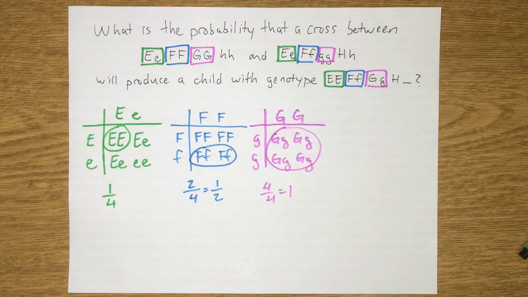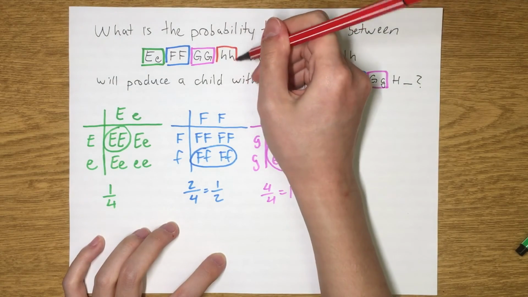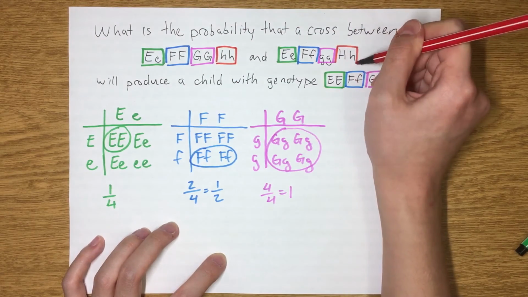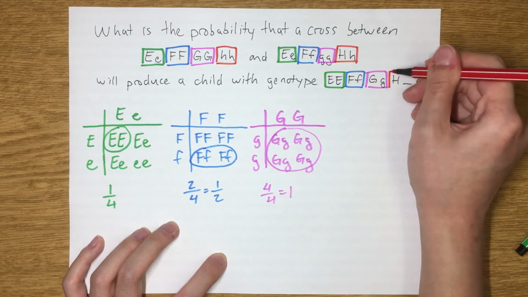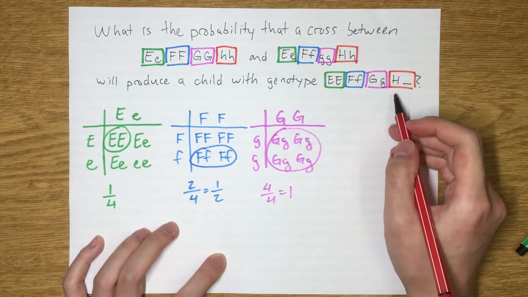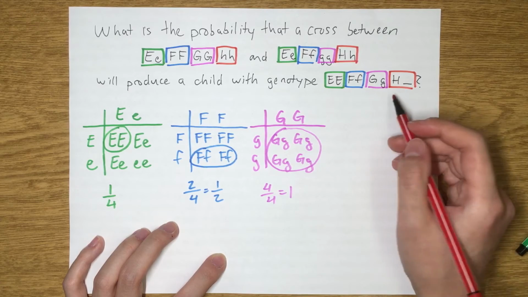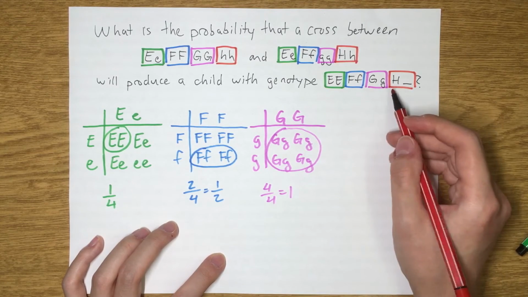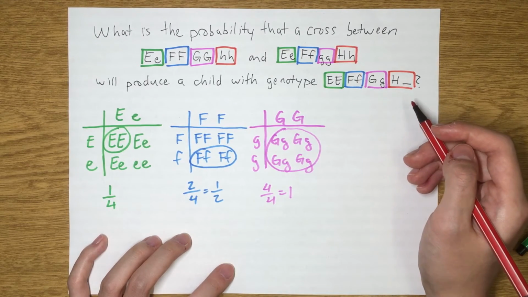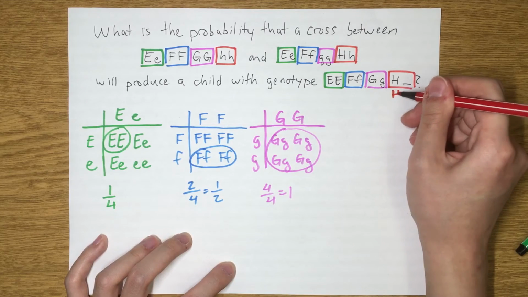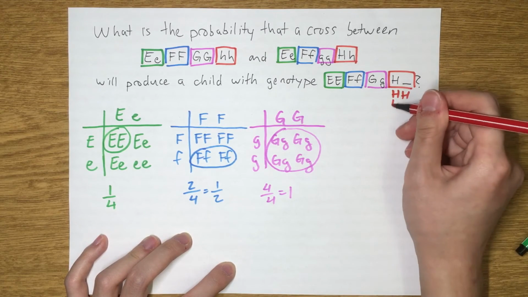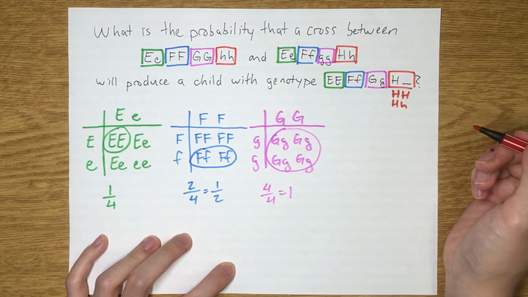So this last locus is slightly different. We can see that from these parents we're looking for a child where we only know that it's showing a dominant phenotype, that there is a big H in it. This means that this child can be either homozygous dominant or heterozygous.